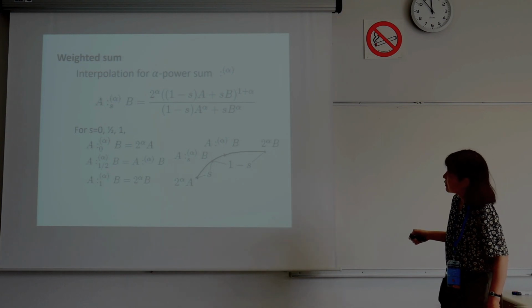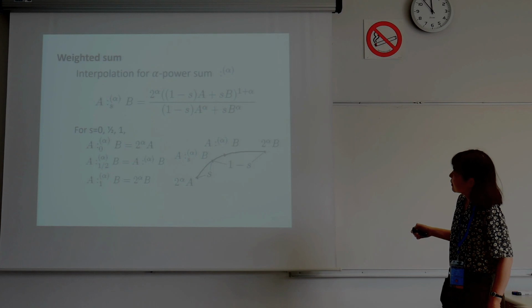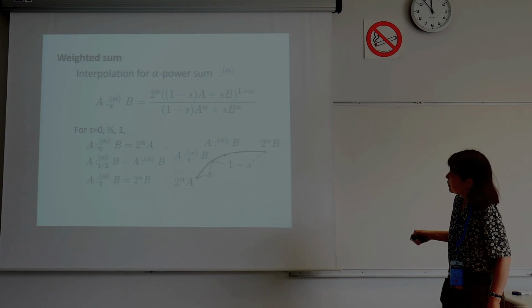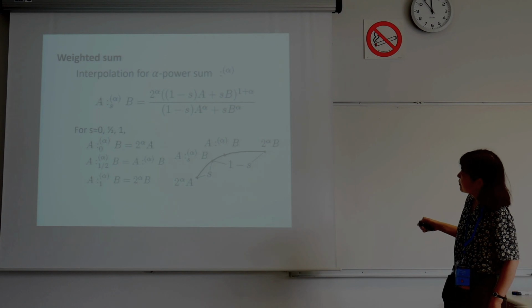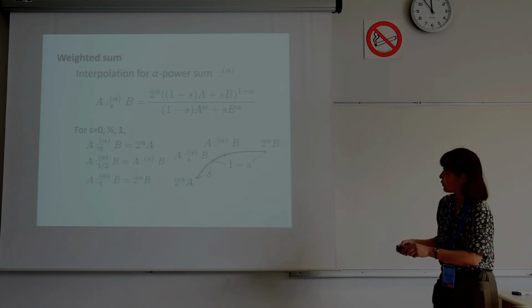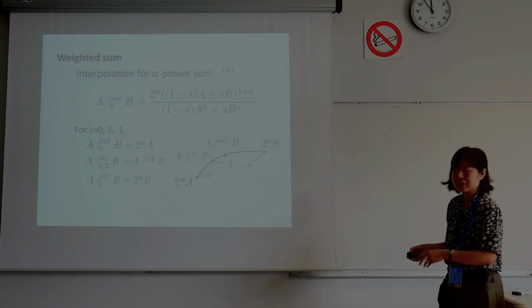S is the middle point or divided point of 2 alpha A and 2 alpha B, not A, B.